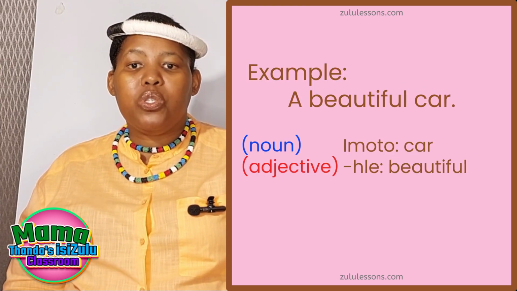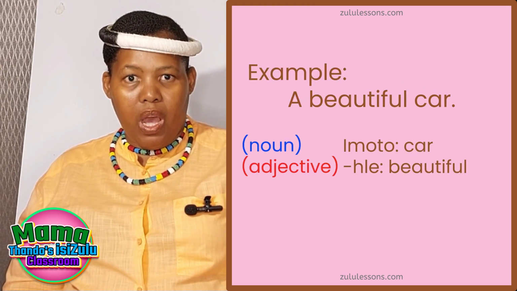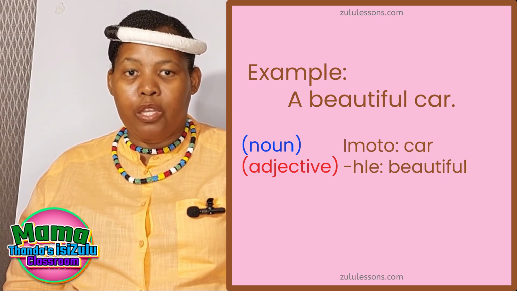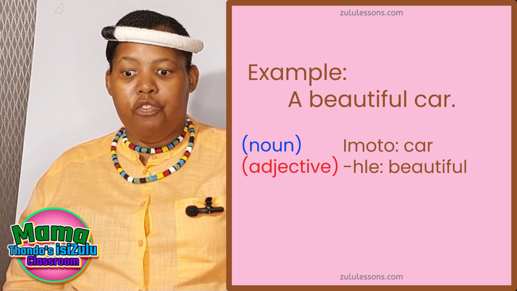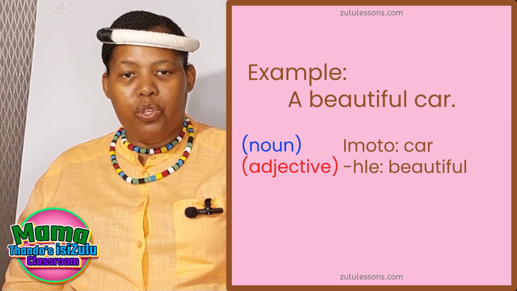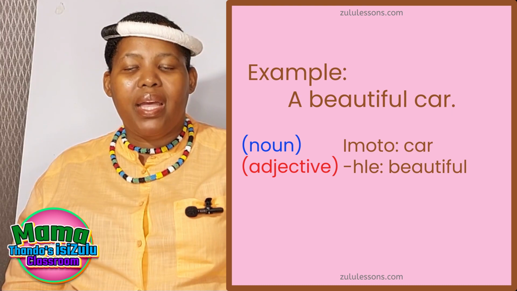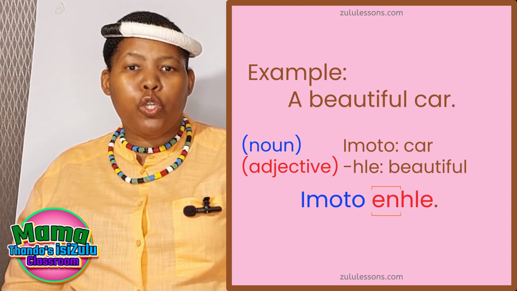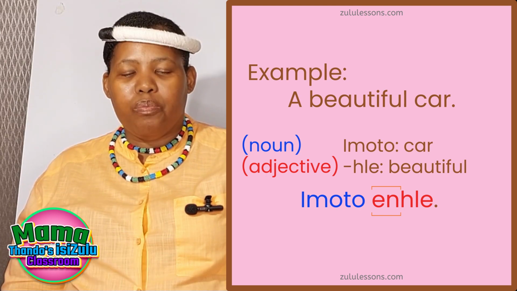For example, to say a beautiful car, the word car, imoto, will come first, followed by the adjective beautiful, hle. And so then we will have imoto enhle.